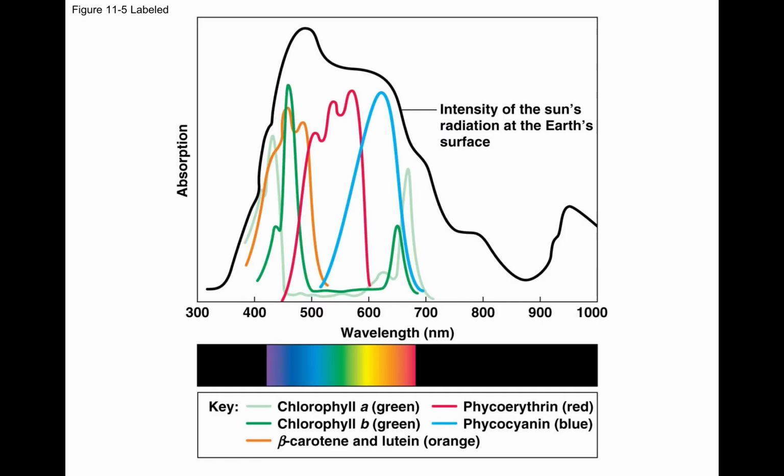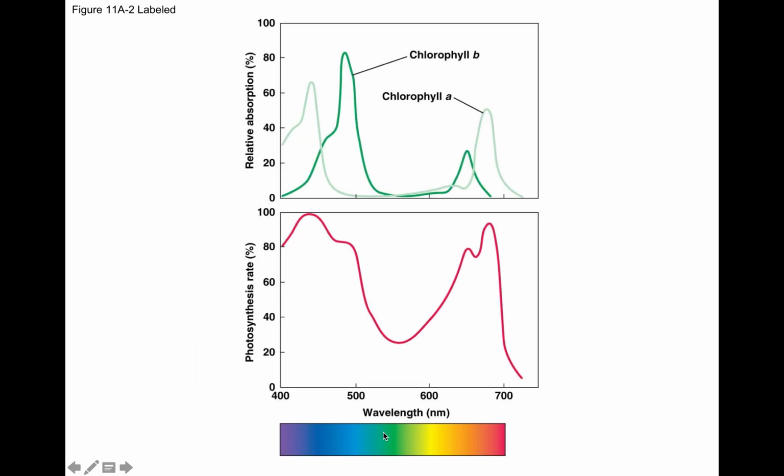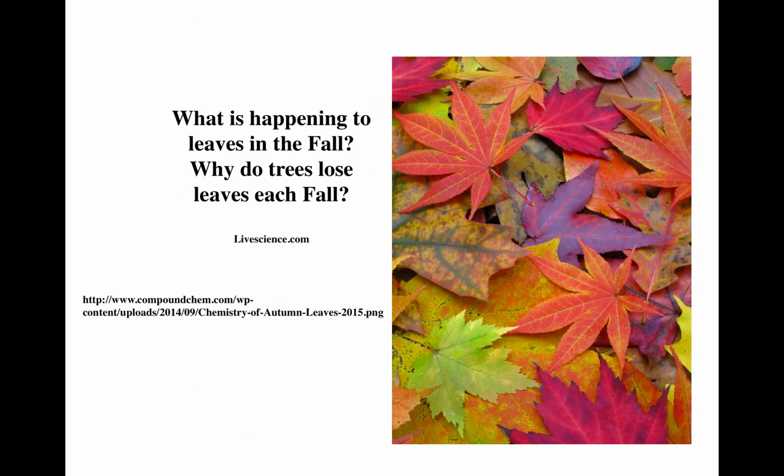So these other pigments, like phycocyanins and phycoerythrins and beta-carotenes, are always present in the leaf throughout the year during the summer. Just can't see them because chlorophylls, which reflect green light, are the dominant pigments in most of the deciduous trees or plants that lose their leaves each year.